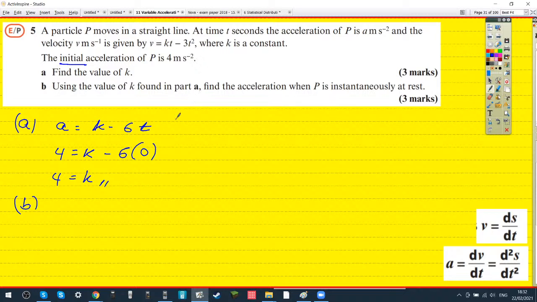When the particle is at rest, velocity is 0. And so it's now going to be 0 equals to kt minus 3t squared. What's k? 4. Minus 3t squared. Okay.